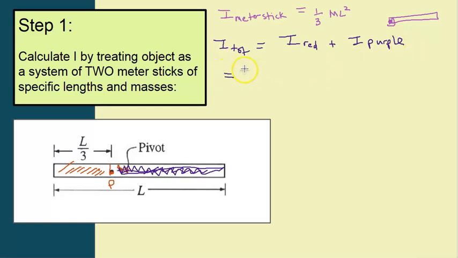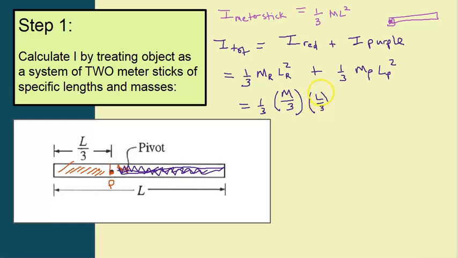Okay, and each one of those is 1/3, however much mass we had, times however much length we have squared. And then how much mass is this? Well, it's 1/3 of the mass, right? That red amount is 1/3 of the total. And what is the length? Well, the length is also 1/3 of the total.